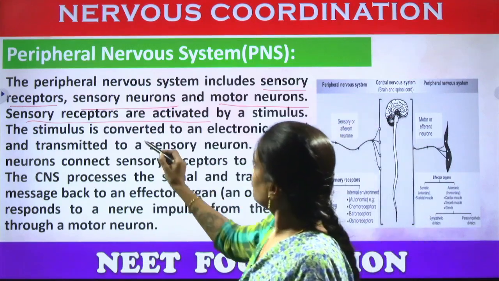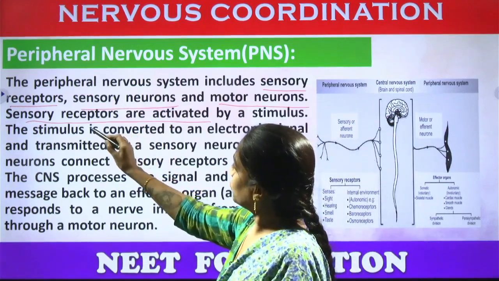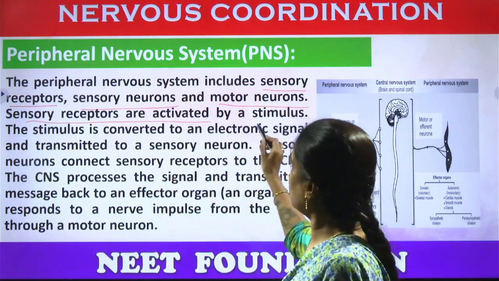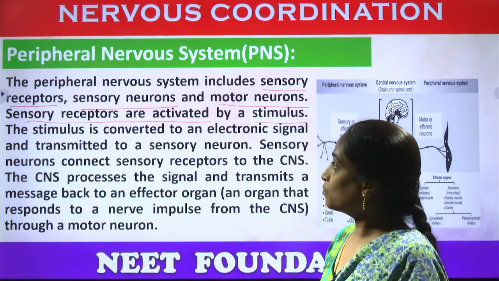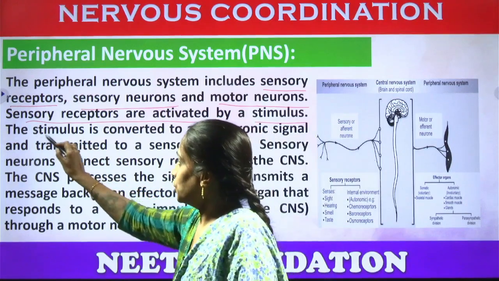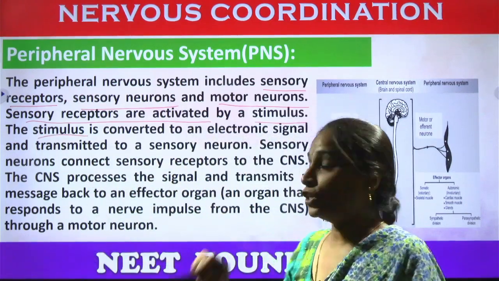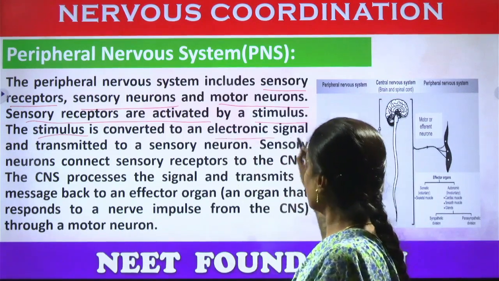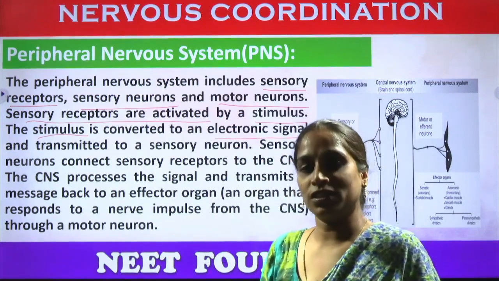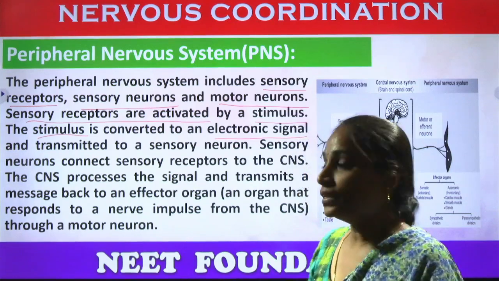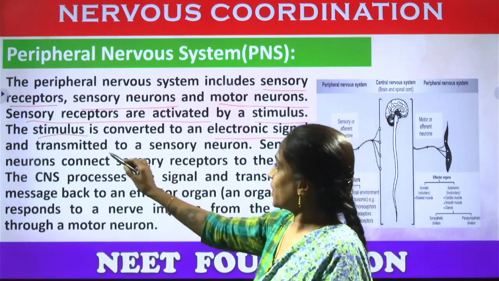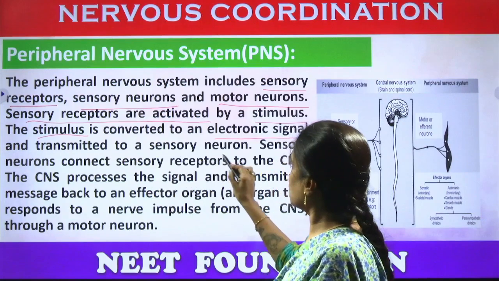After the sensory receptors are activated by the stimulus, the information which is coming from outside is converted into an electronic signal, which we can also consider an electrical impulse. This is transmitted to the sensory neuron.